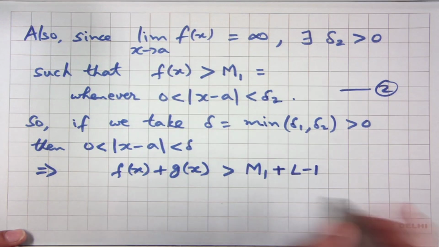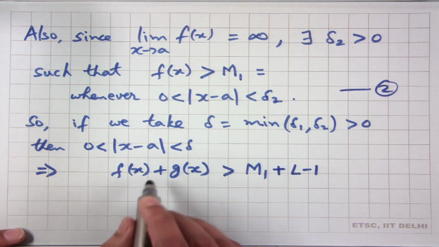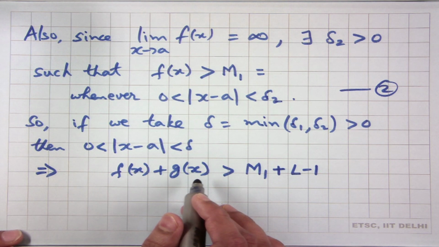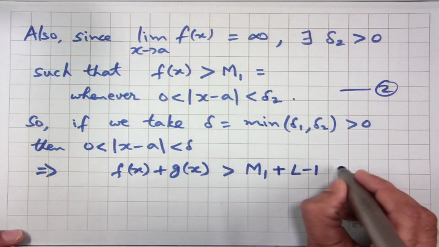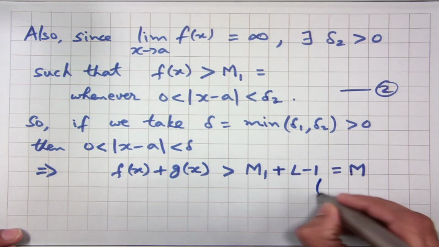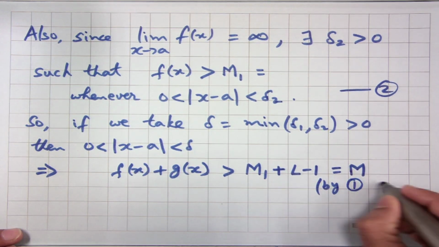But what we want is f of x plus g of x to be greater than m, where m was the given positive number. So, let us write this is equal to m, by 1 and 2.